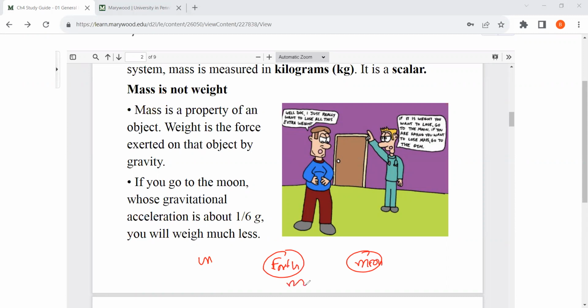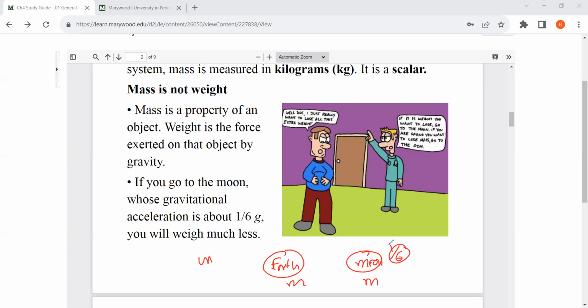The mass will be the same, but the weight or the gravitational force will be different. So for example, the gravitational force of an object on the Moon will be 1/6 of the gravitational force on Earth.